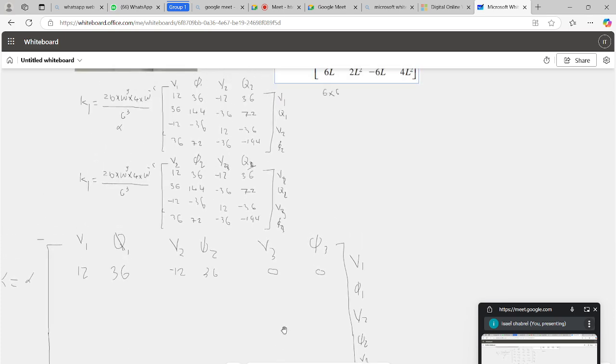We go to the second element. V1 and phi 1 down here, what's the value? 36. Phi 1 and phi 1, what's the value? 144.